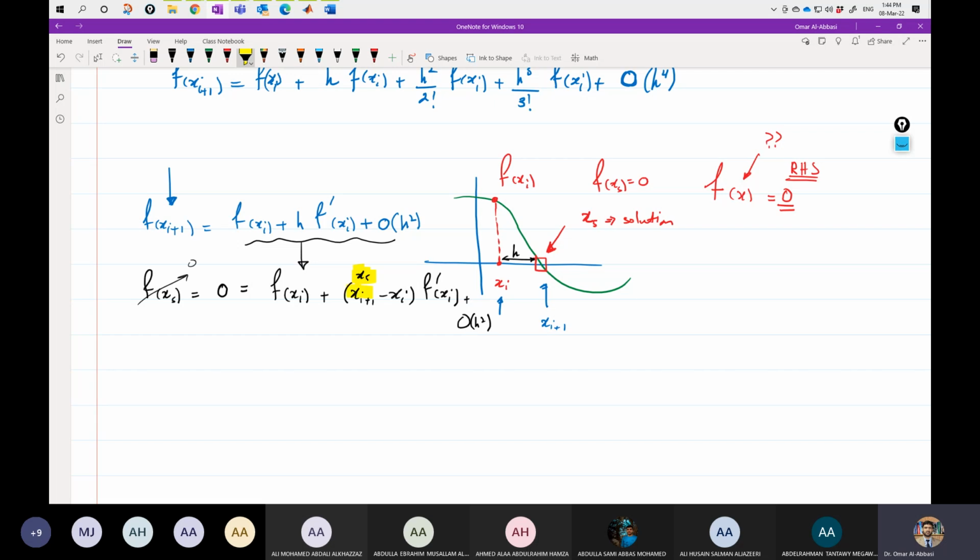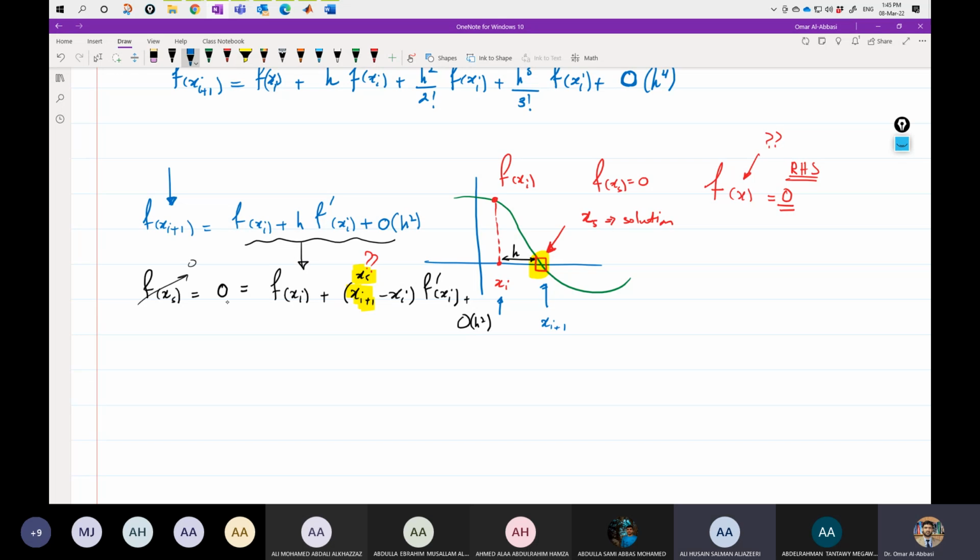Not this point, we want to see where the solution is located. That is the point that we are looking for, right? Can I solve for it?